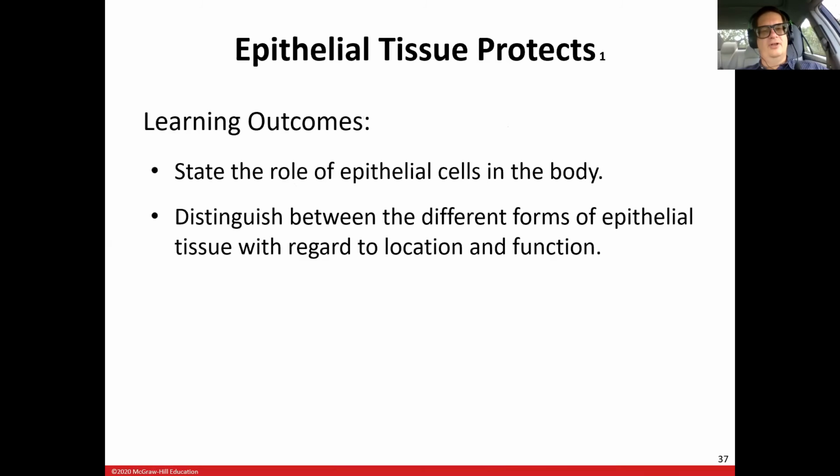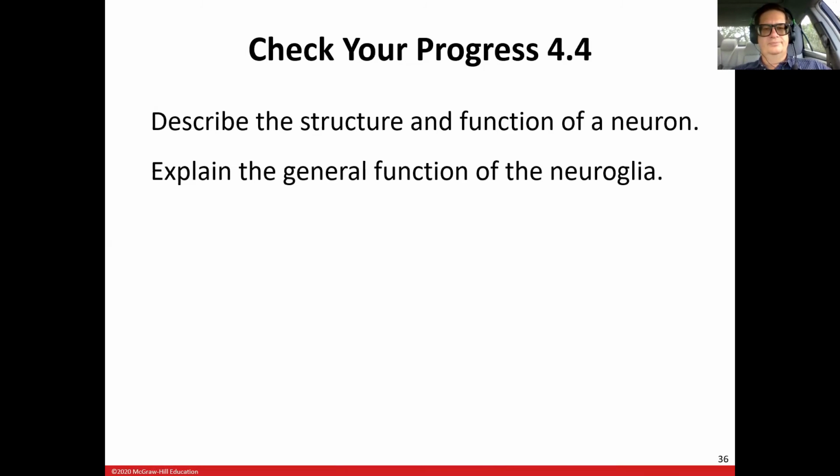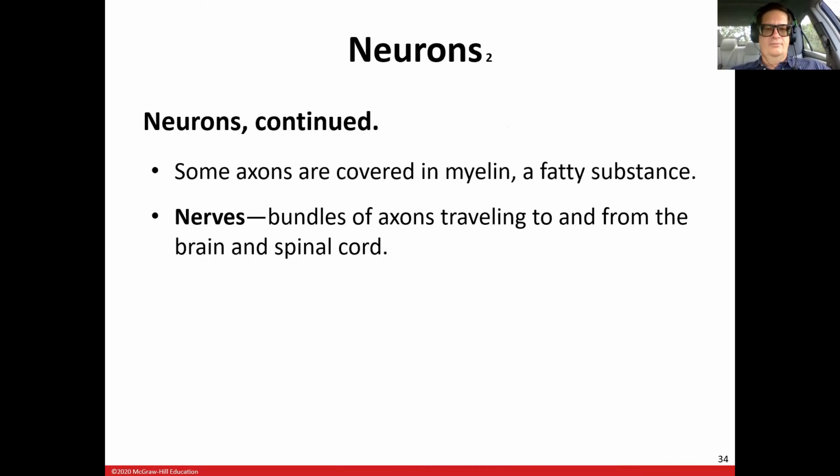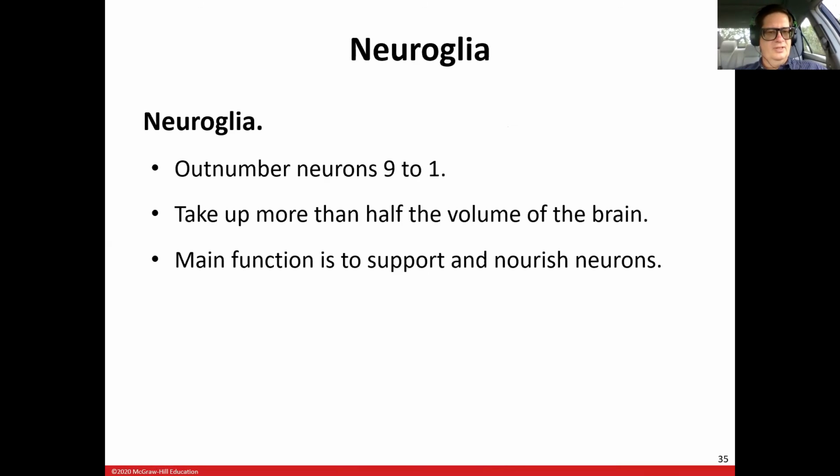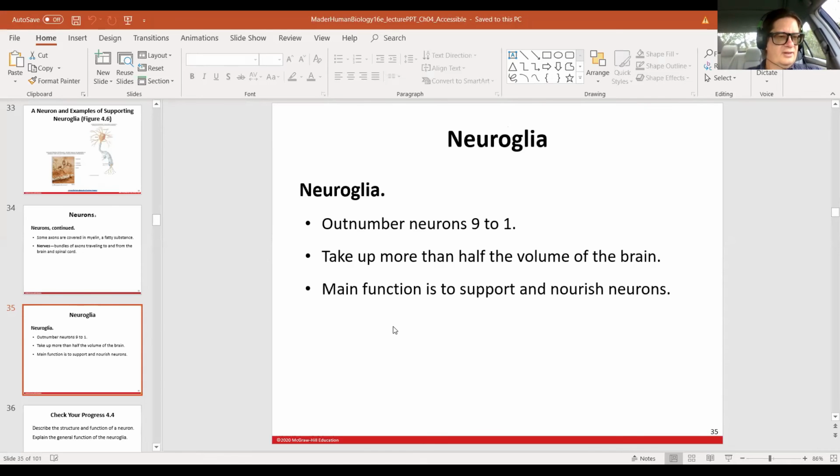Okay, let's move on. So, epithelial tissue. This is the fourth of the types of tissues. Remember, we're talking tissues. We had connective tissue. We had nervous tissue. Fourth? Hold on. Let's see.